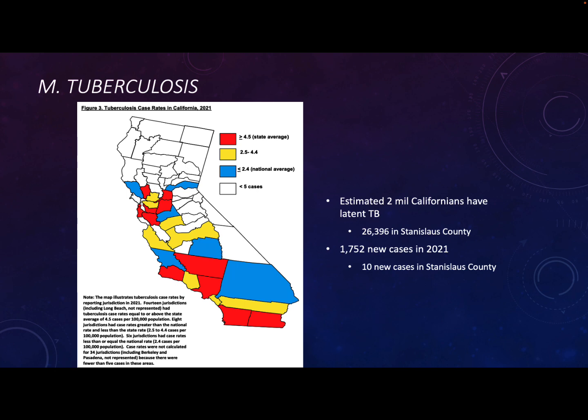So there are a number of diseases that we call reportable or notifiable diseases. If a patient turns up to any healthcare provider and has that infection, the healthcare provider is mandated to report, most often to the county, the county reports to the state, and the state reports to the CDC.